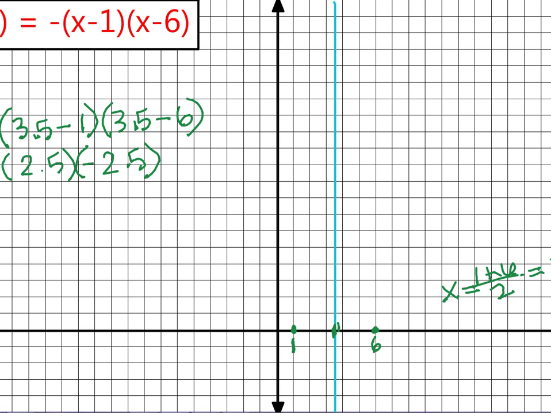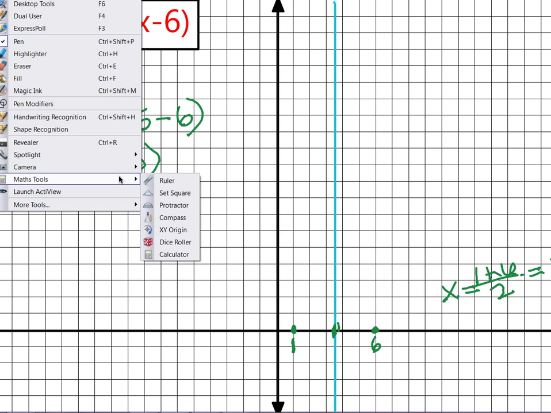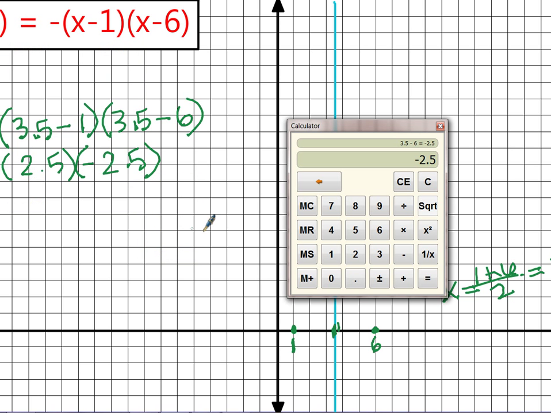When I come up here and get hold of the calculator, I get 2.5 times negative 2.5. I'm also going to be multiplying that by a negative 1 because the negative out front means that this is being multiplied by negative 1.